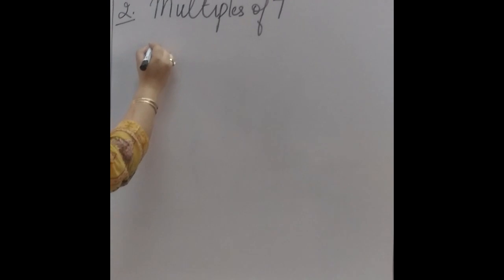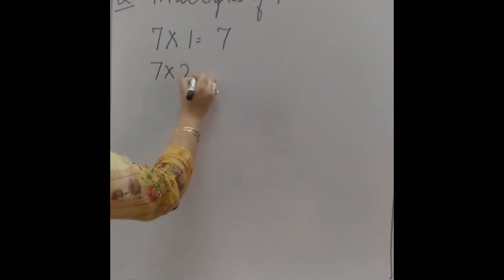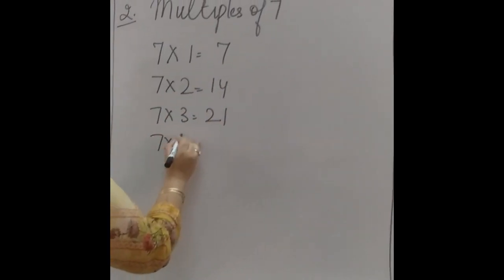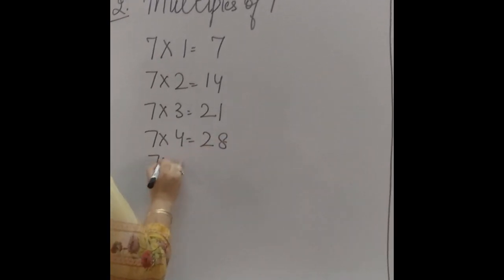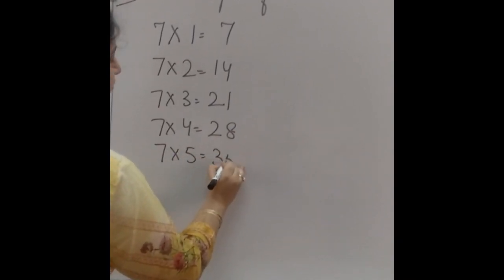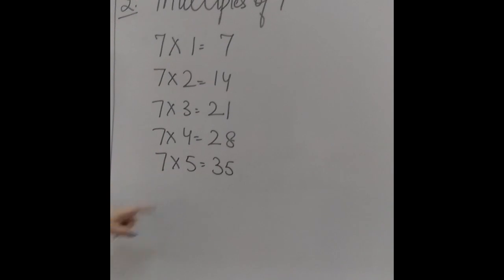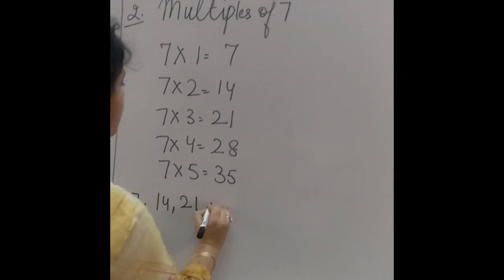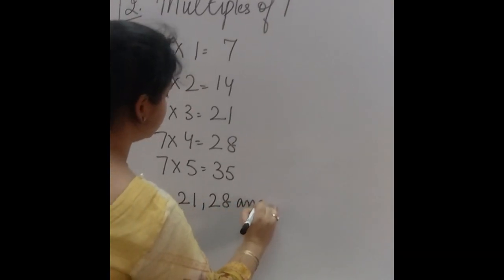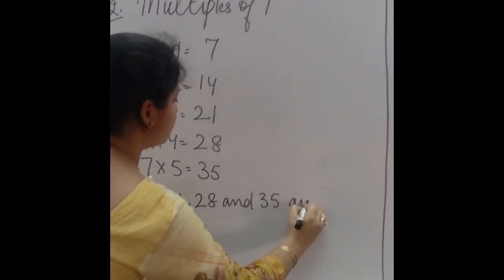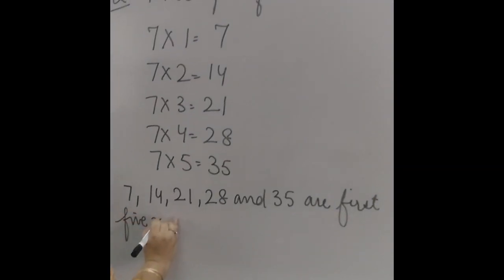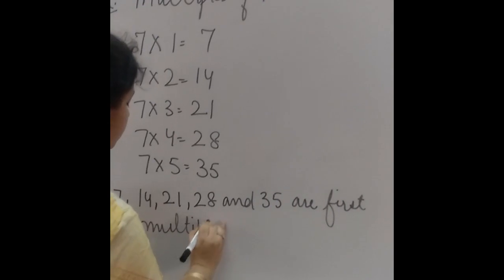That means we are going to start the multiplication of 7 with 1. 7 ones are 7, 7 twos are 14, 7 threes are 21, 7 fours are 28 and 7 fives are 35. So 7, 14, 21, 28 and 35 are the first 5 multiples of 7.